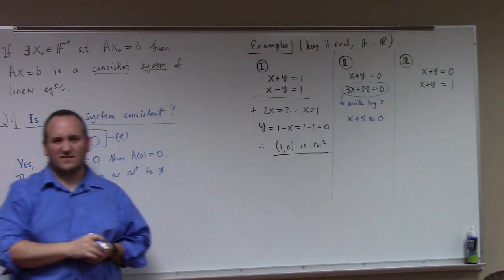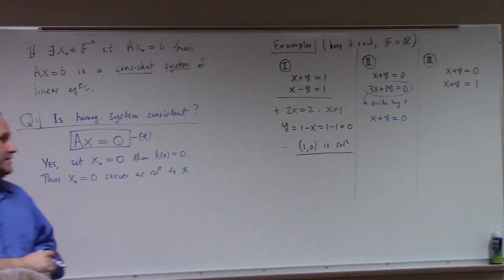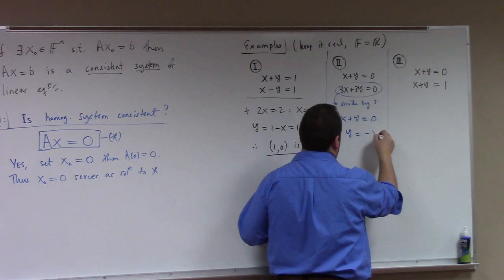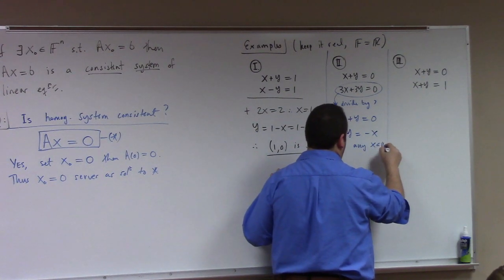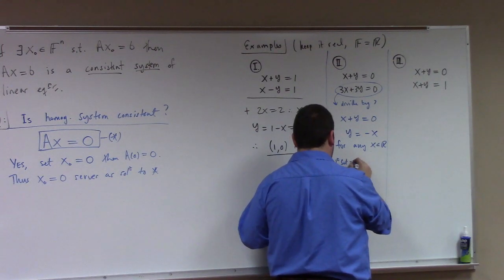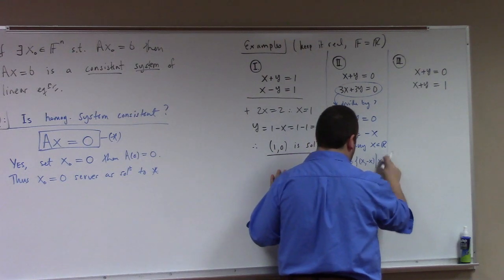I mean, this is a homogeneous system, right? It's got a solution. In fact, it's embarrassing. It's got infinitely many solutions. So the solution here, we just put y equals minus x for any x. So here, the solution set is equal to, let's say, {(x, -x) such that x is real}.